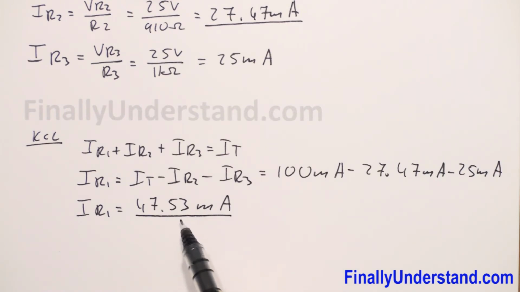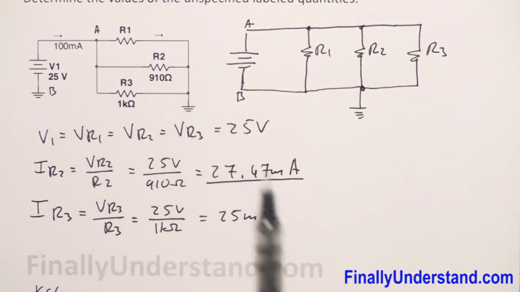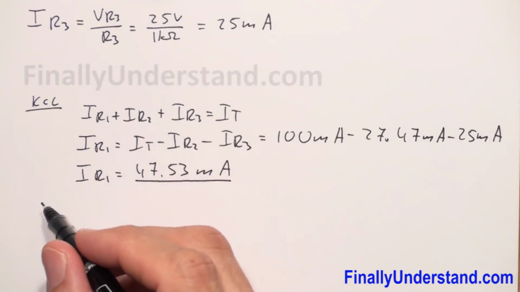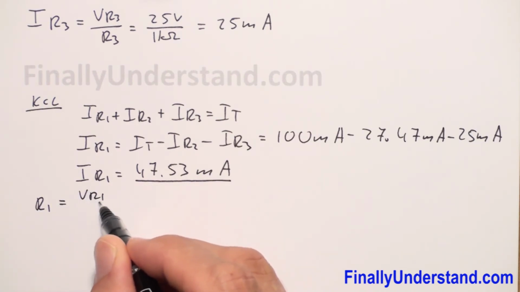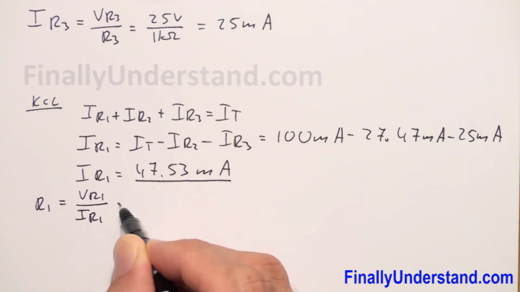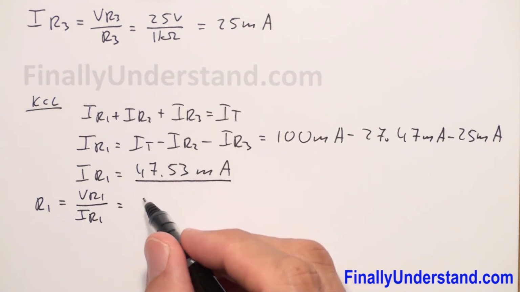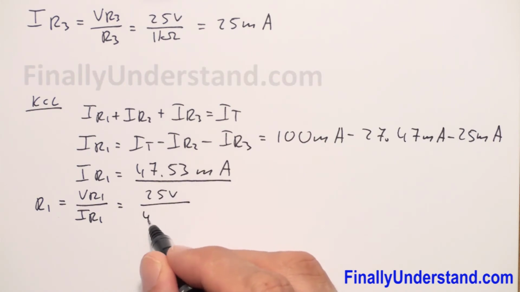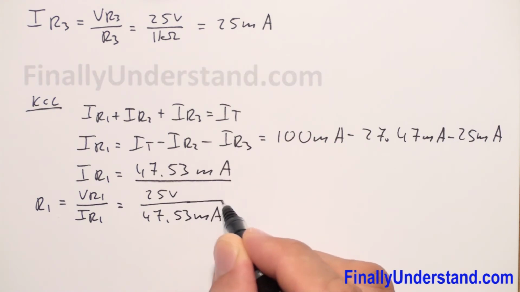If I have the current which goes through resistor R1 and I know that the voltage across that resistor is equal to 25 volts, I can find the resistance R1. R1 is equal to VR1 over IR1, which is 25 volts over 47.53 milliamps.